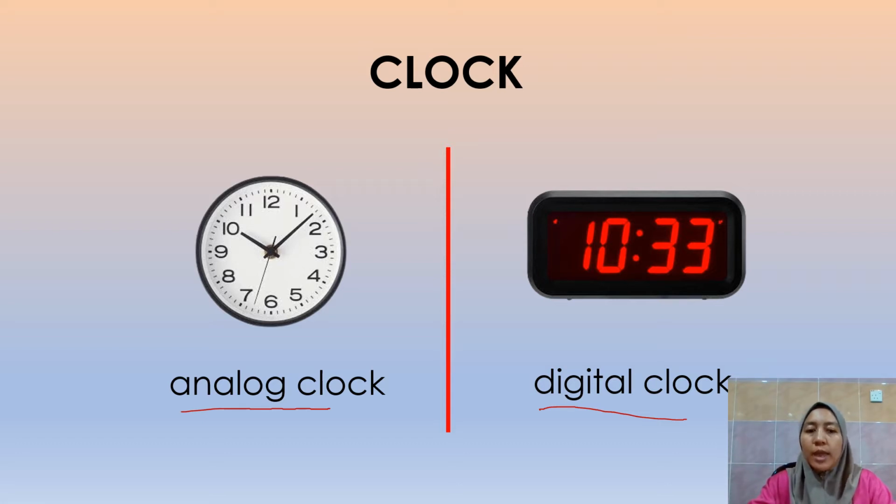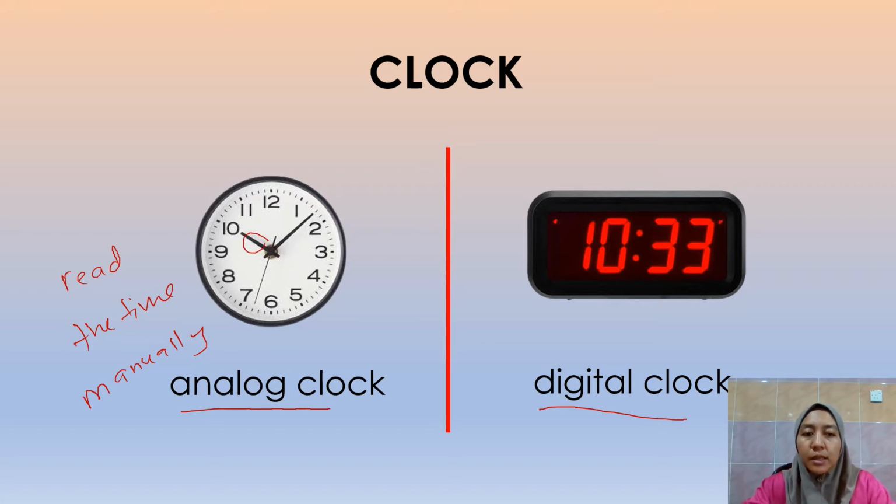Kalau berbentuk analog, means you have to read the time manually. Kena baca secara manual lah. Macam kat sini tengoklah. The short hand is at 10, and the long hand shows at 5, 6, 7, 8.